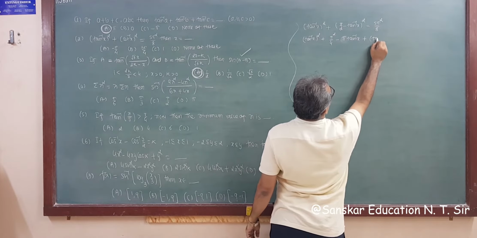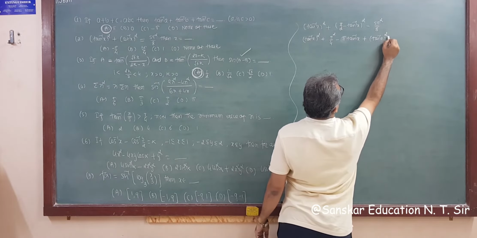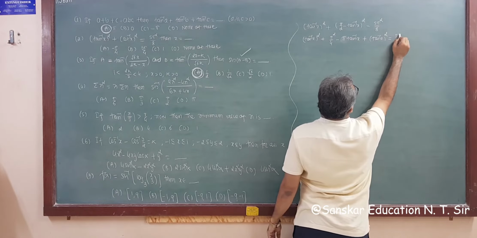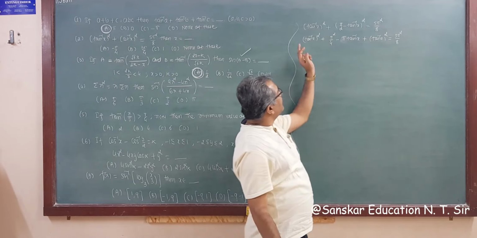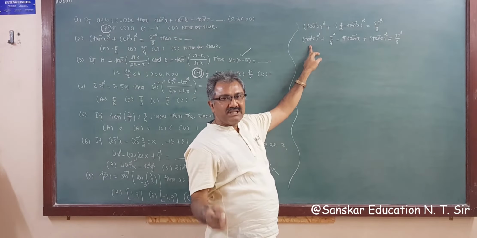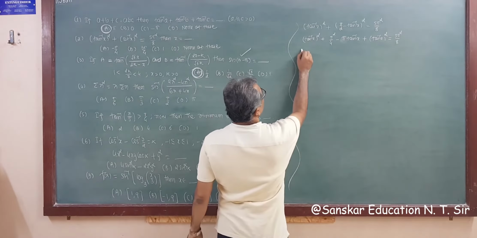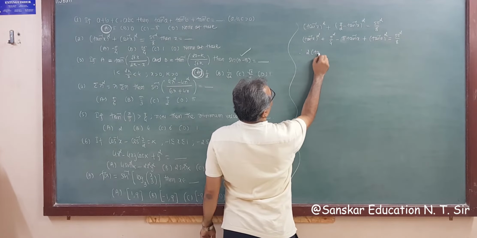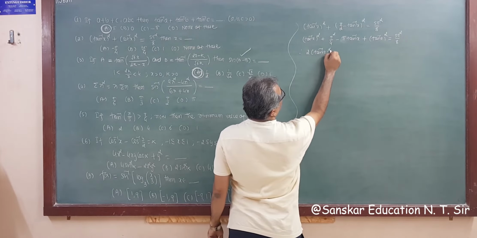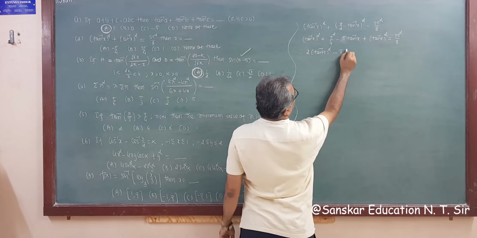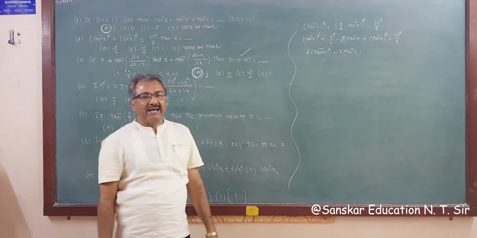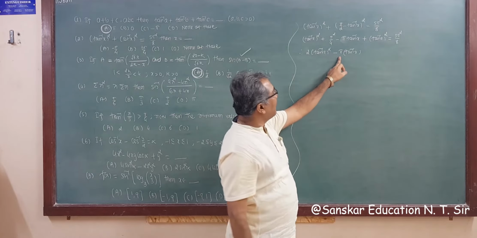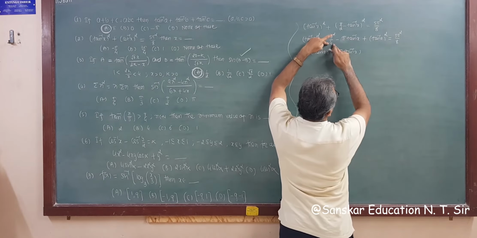So (tan inverse x) whole square appears 2 times: this is 2 times (tan inverse x) whole square, minus pi tan inverse x, plus pi square by 4.